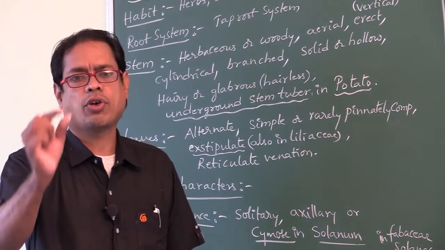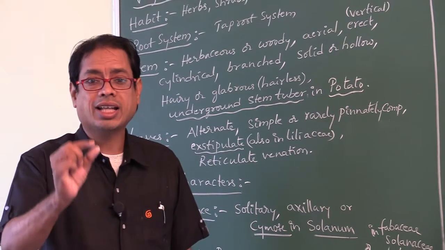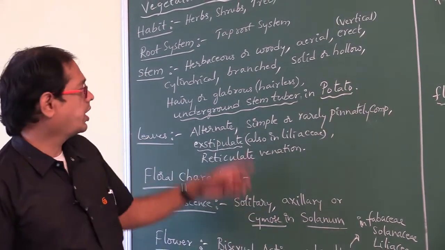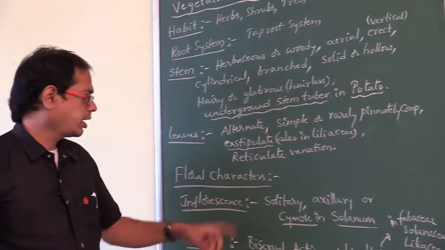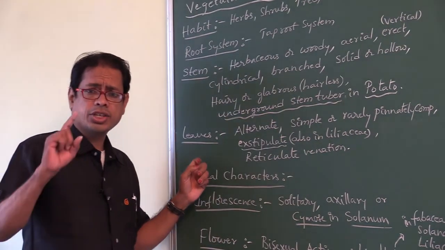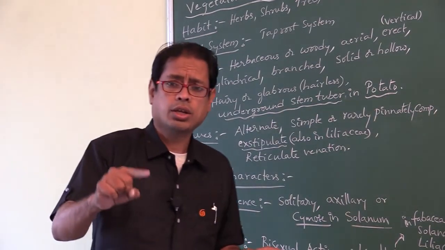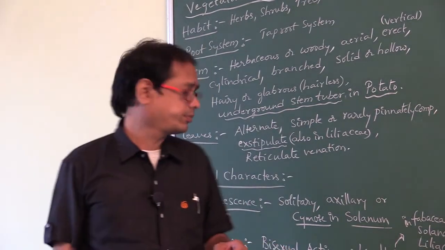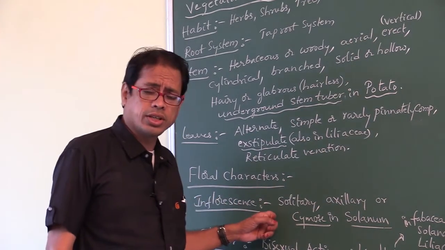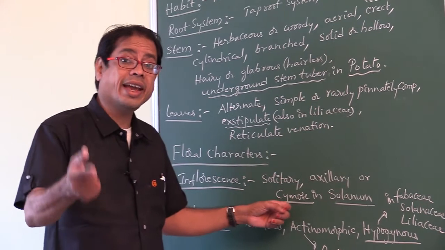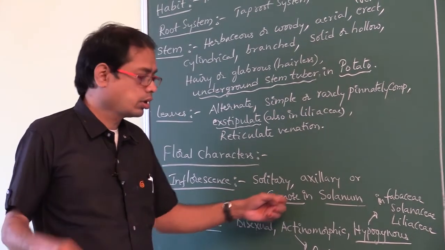Stem modification found in Solanaceae is the underground stem tuber found in potato. That is a very important point. Next, leaves are stipulate in Fabaceae, exstipulate in Solanaceae and Liliaceae. Next, inflorescence is generally solitary, axillary, but cymose inflorescence is found in Solanum.